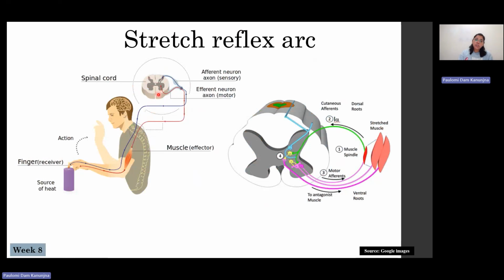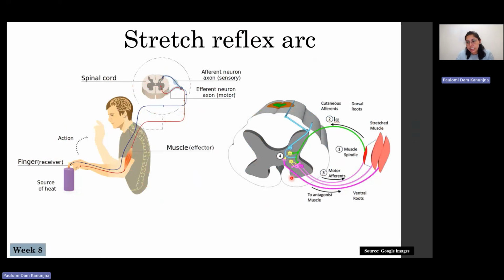There they process the information and say, hey, you need to remove your finger from that part. So it will now give information to the efferent neuron, which is a motor neuron, and this information will be relayed to the muscles. The muscles will then contract and he will remove his arm. So this contraction is because of this entire process that has taken place.